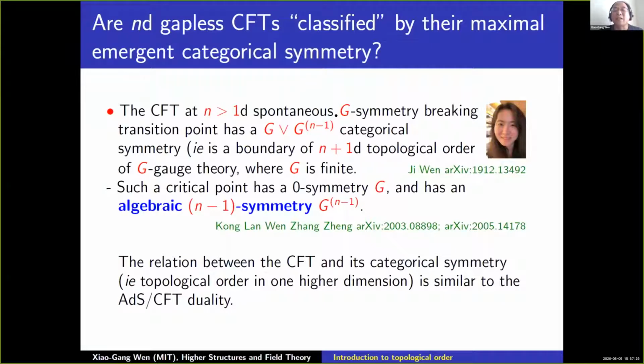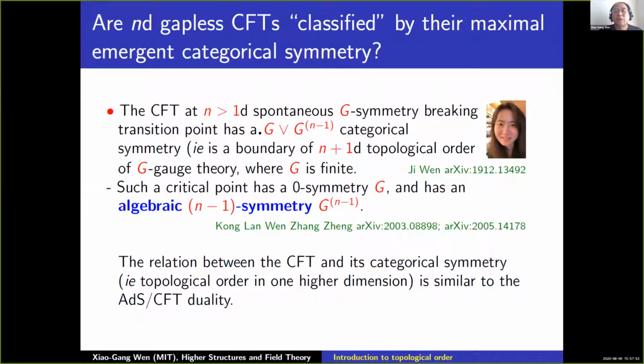But as I mentioned, categorical symmetry just means a non-invertible anomaly, or a topological order in one higher dimension. So what is this topological order in one higher dimension which corresponds to this kind of categorical symmetry? The answer is a G-gauge theory. So the topological order described by G-gauge theory corresponds to this kind of categorical symmetry.